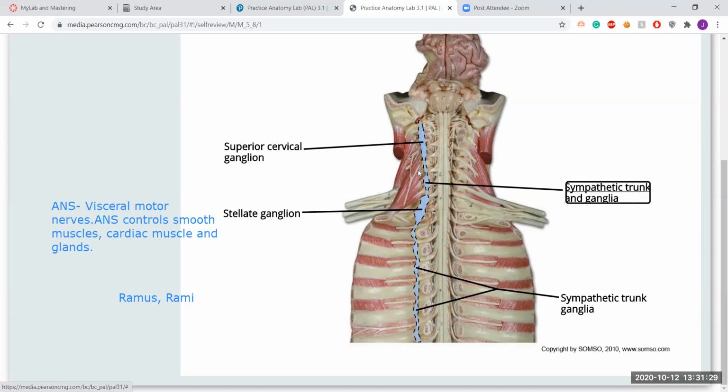And these ganglia, like the sympathetic trunk ganglia, superior cervical ganglia, stellate ganglia, and then sympathetic trunk ganglia. These all ganglia are the cell bodies of autonomic motor neurons, okay, or autonomic neurons.